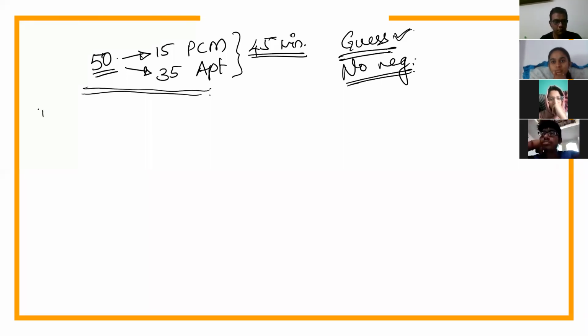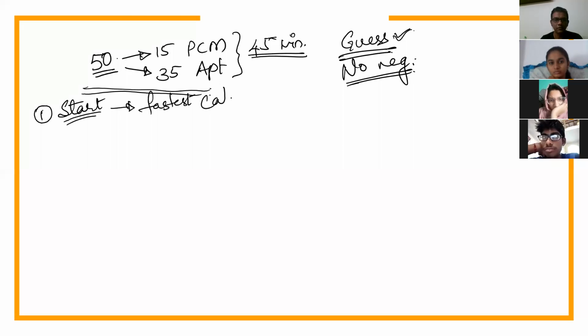So the first and foremost rule is, especially when you have an aptitude test which is MCQ based, always start your test with the fastest category of questions. Now, what do I mean by the fastest category of questions?